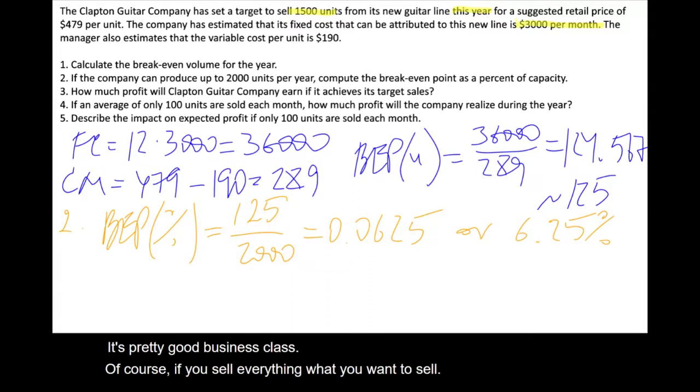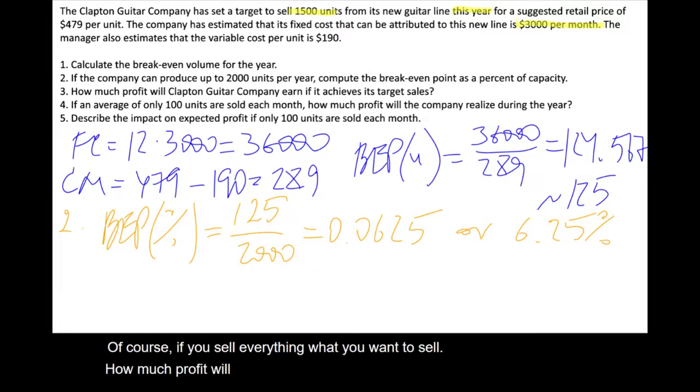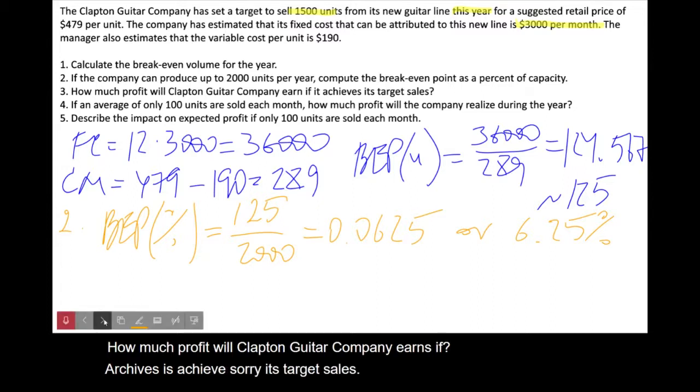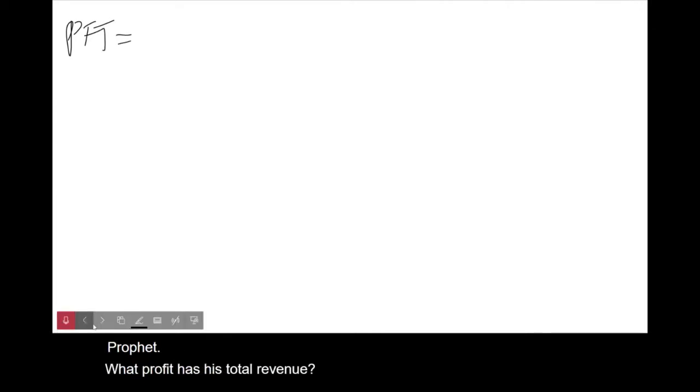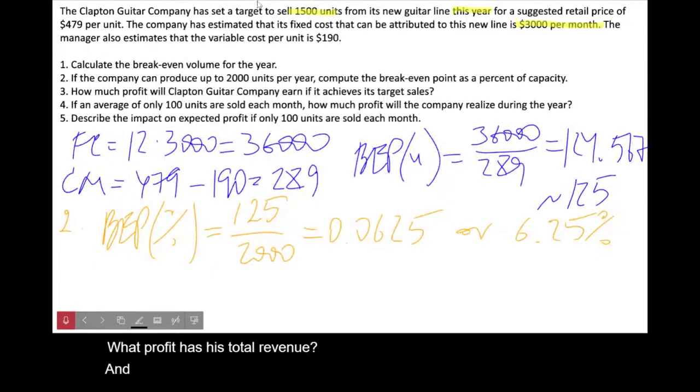How much profit will Clarkton Guitar Company earn if it achieves its target sales? So profit. What profit is this? Total revenue. And target sales is 1,500 units, right?